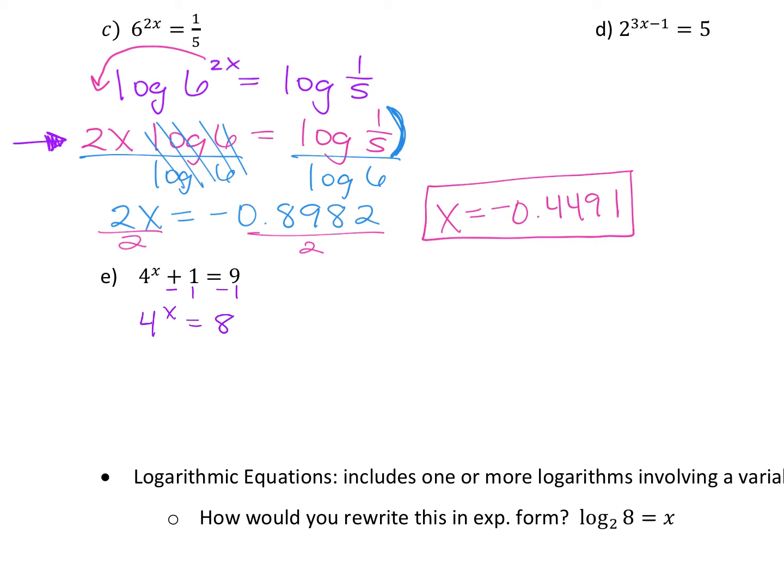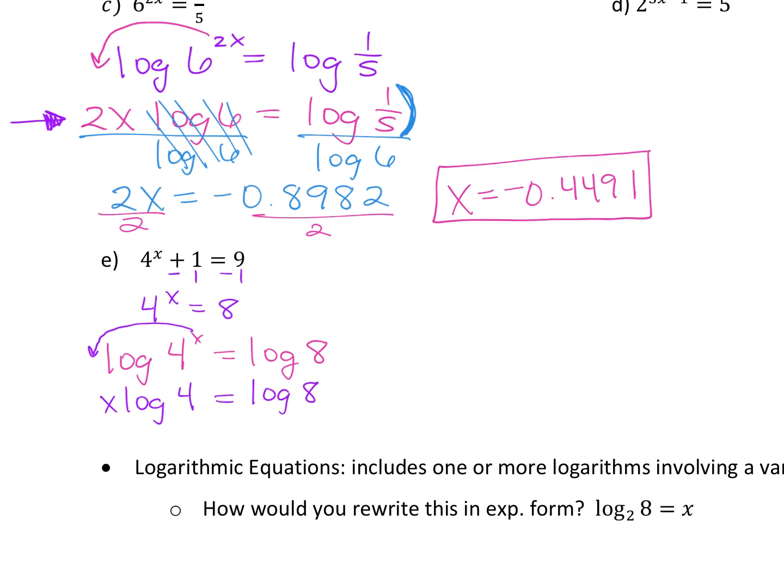Log of both sides. So log of 4 to the x equals the log of 8. Then what? Move the exponent. That x is going to go out in front, so it's going to be x times the log of 4 equals the log of 8.